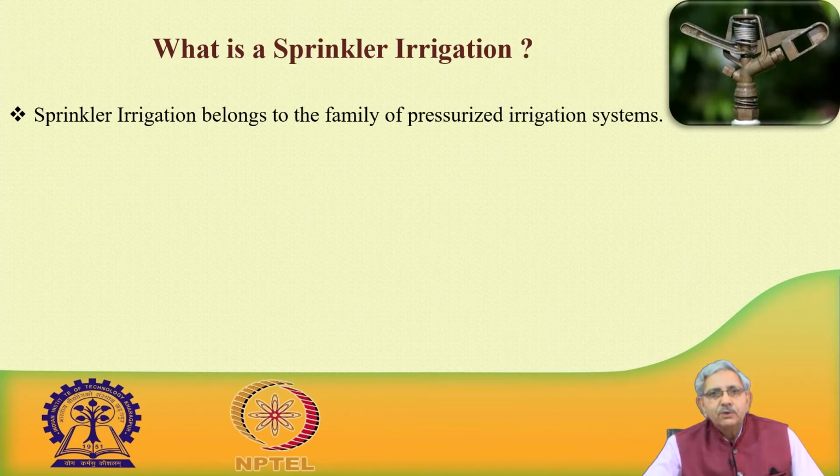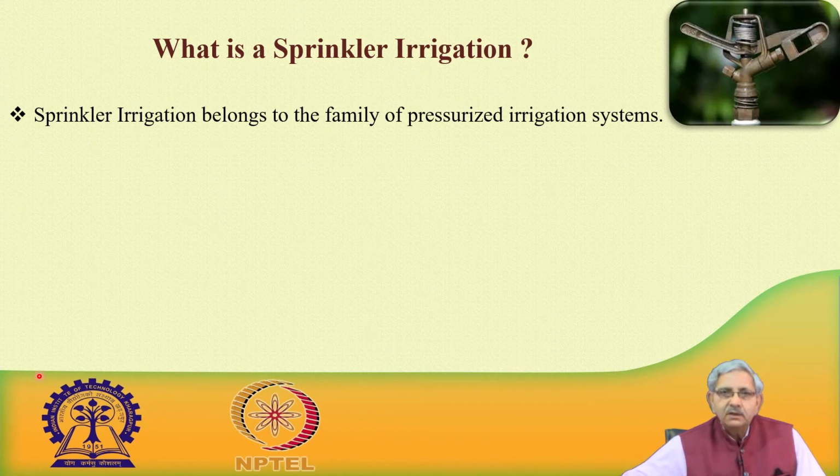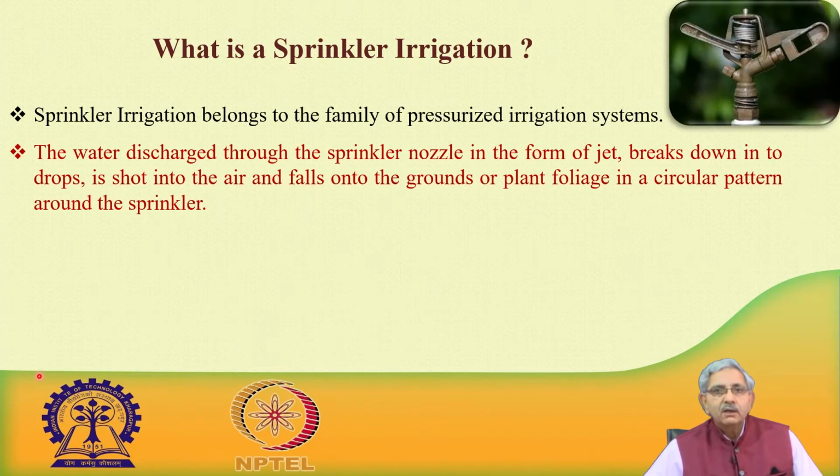So, when we talk of what a sprinkler irrigation is, it belongs to the family of pressurized irrigation, where water is applied by using pressure and then discharged through the nozzle in the form of a jet, which breaks down into droplets, is shot into the air and falls on the ground or the plant foliage.